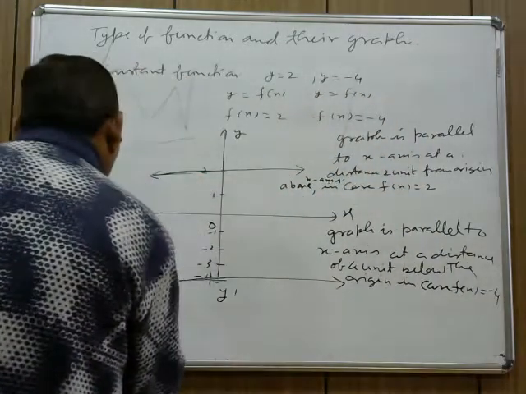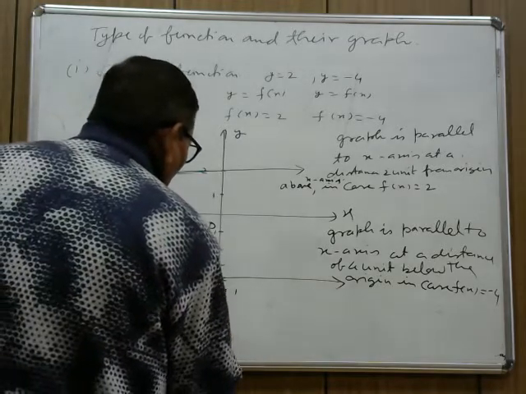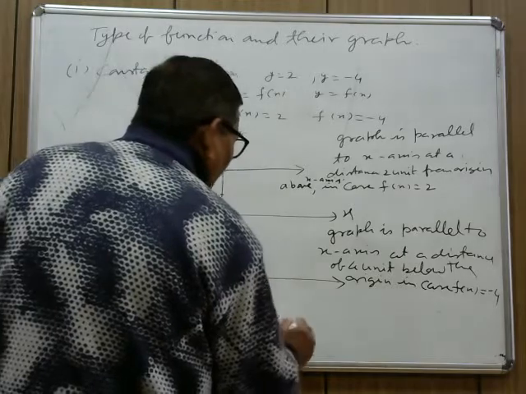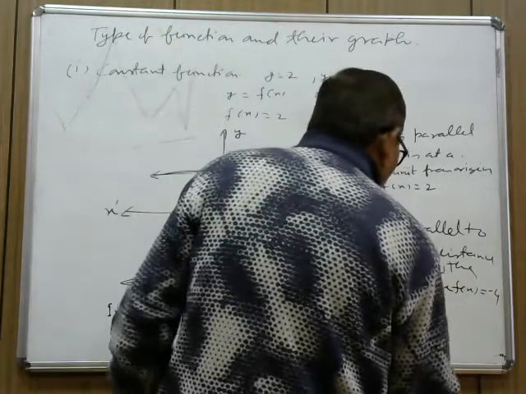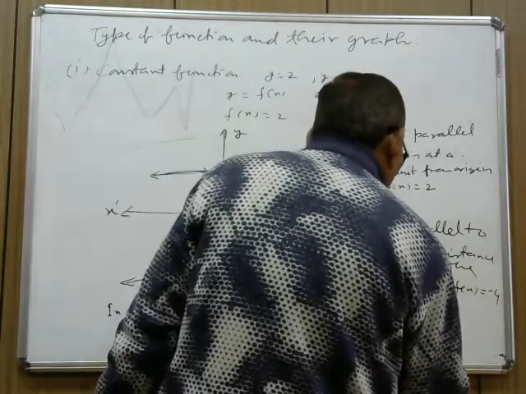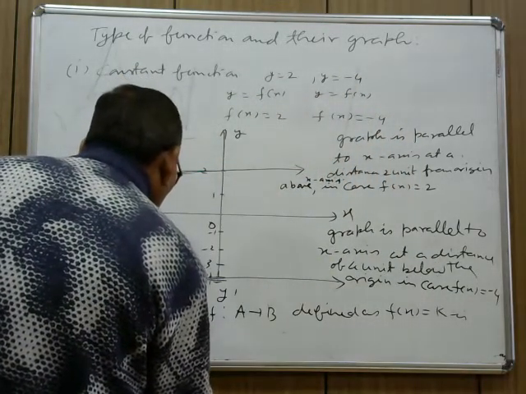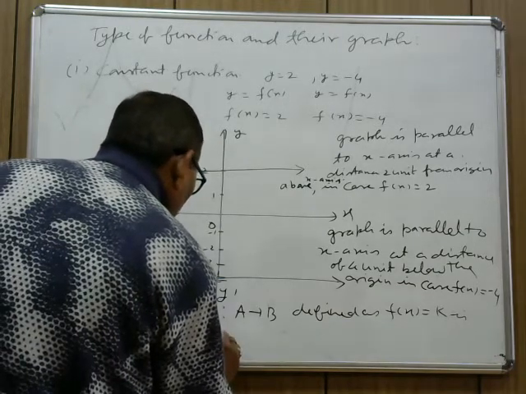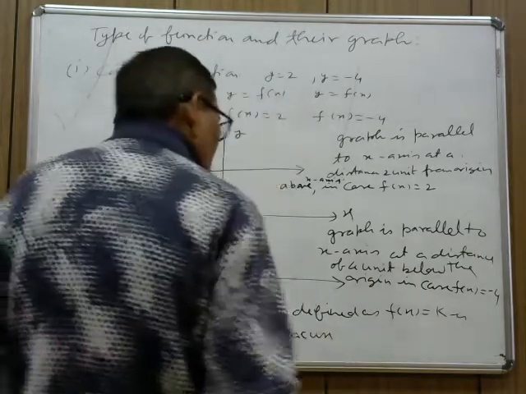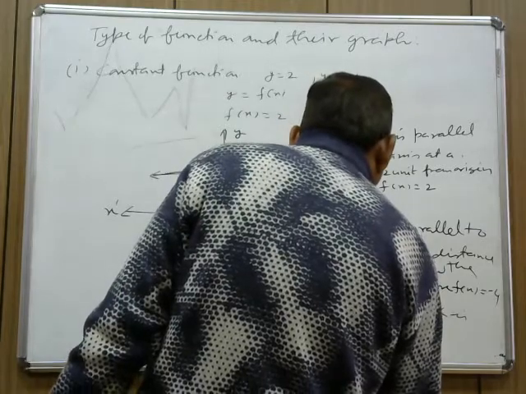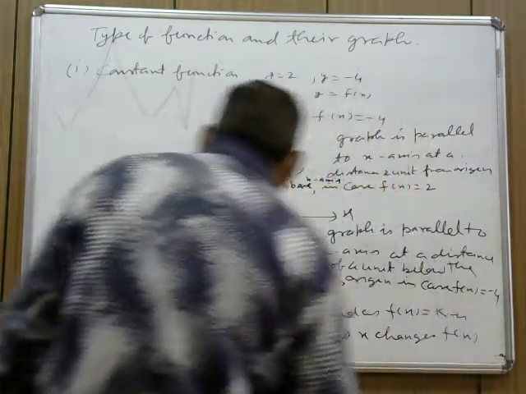In general, what you can conclude? In general, f such that A to B defined as f(x) is equal to k is a constant function, because as x changes, f(x) does not make any change.